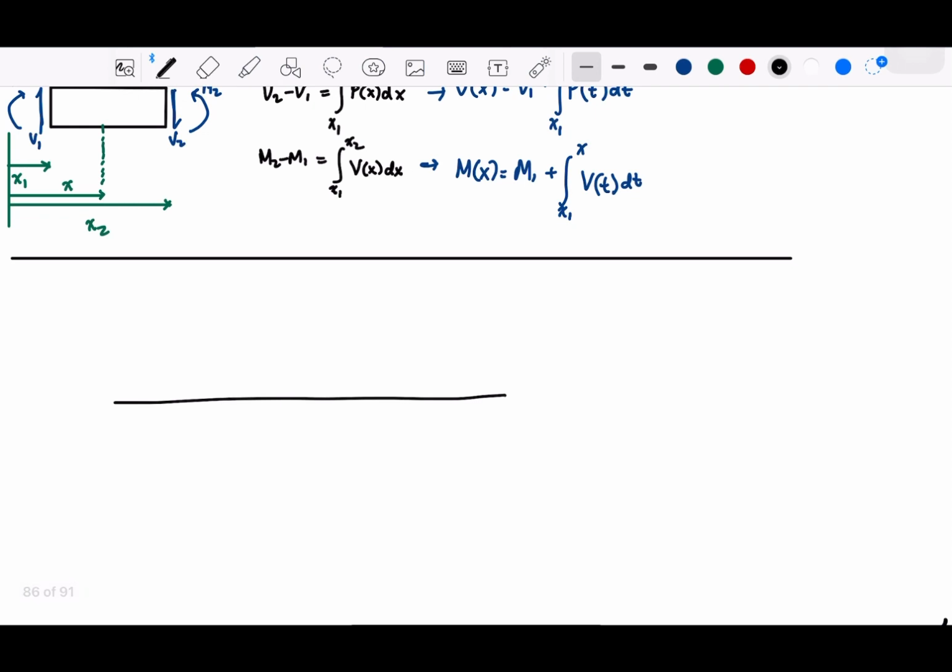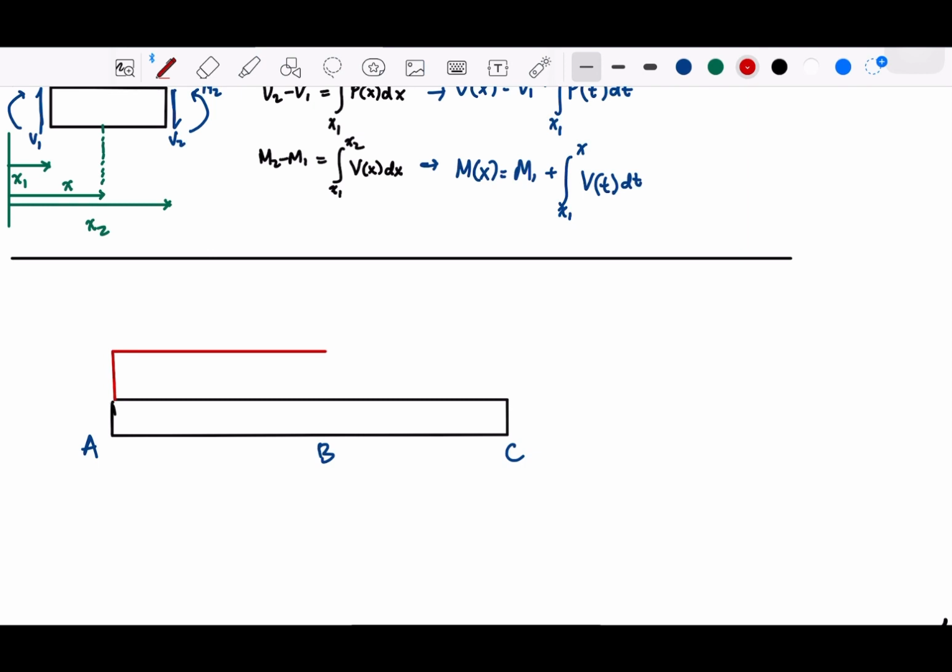Let's suppose that we have a beam. Let's say this is A, this is B, this is C. And let's have the distributed load over here, and also a triangle over there.